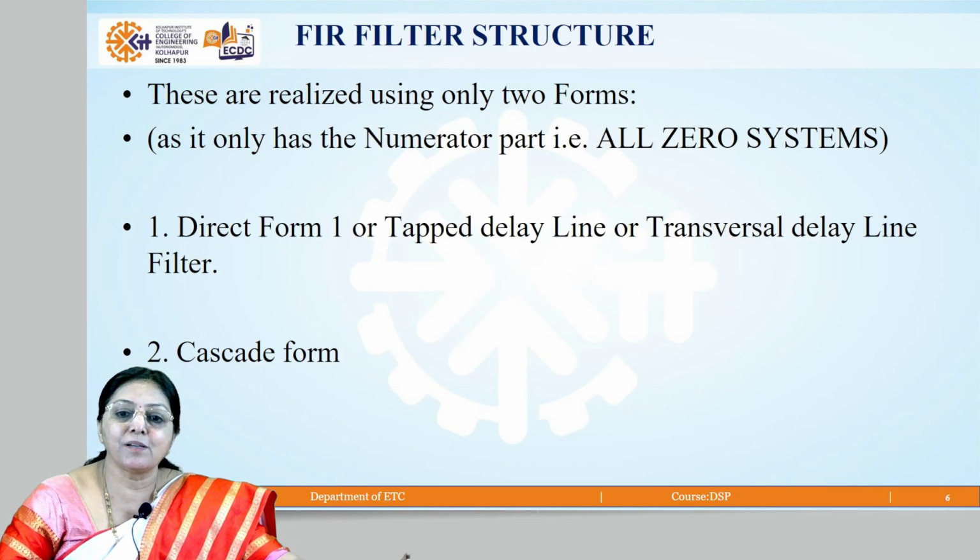There are no poles in the FIR filter, because there is no feedback. It is a linear time invariant FIR system. We just go through the details of the FIR filter, already covered in unit number 2. Then we are going to realize it using the direct form and the cascade form structures.